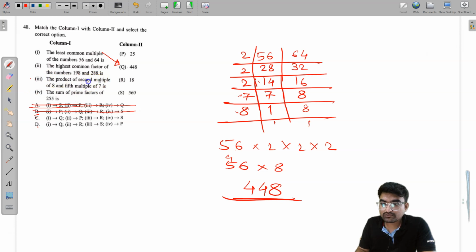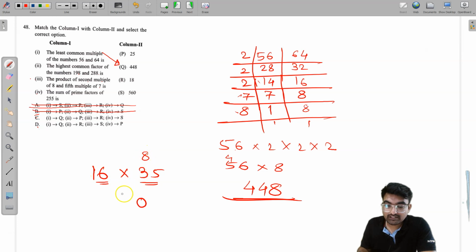The second multiple of 8 is 16 and the fifth multiple of 7 is 35, and they have asked us to find the product of these two multiples. So 35 times 16: 16 fives are 80, carry 8, 48 plus 8, that is 560. So option 3 is S. So the option is D, right?